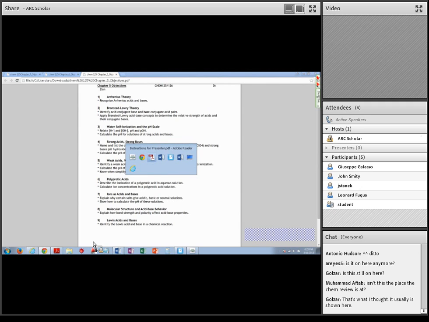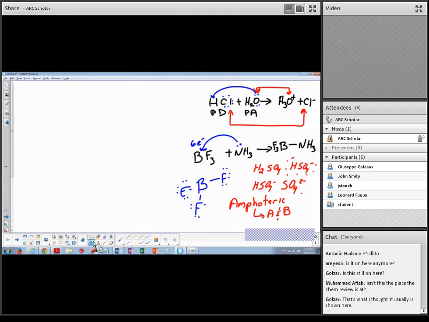You guys said before, if I was to calculate the pH, let's just go with like 1.5 molar HCl. Strong acid, right? So how are we going to calculate pH here?